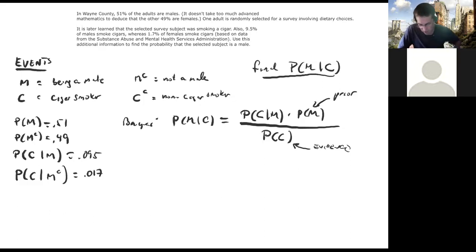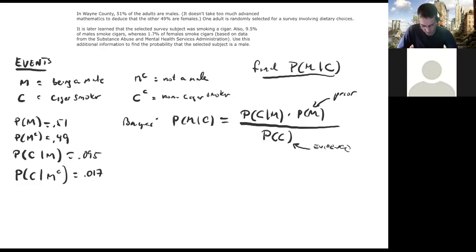The right-hand side are things we can measure, right, by doing surveys. It's the left-hand side, the probability given a cigar smoker, whether that cigar smoker is male or not, that's not something that's easy to measure directly from a survey, but Bayes' formula will enable you to compute that.